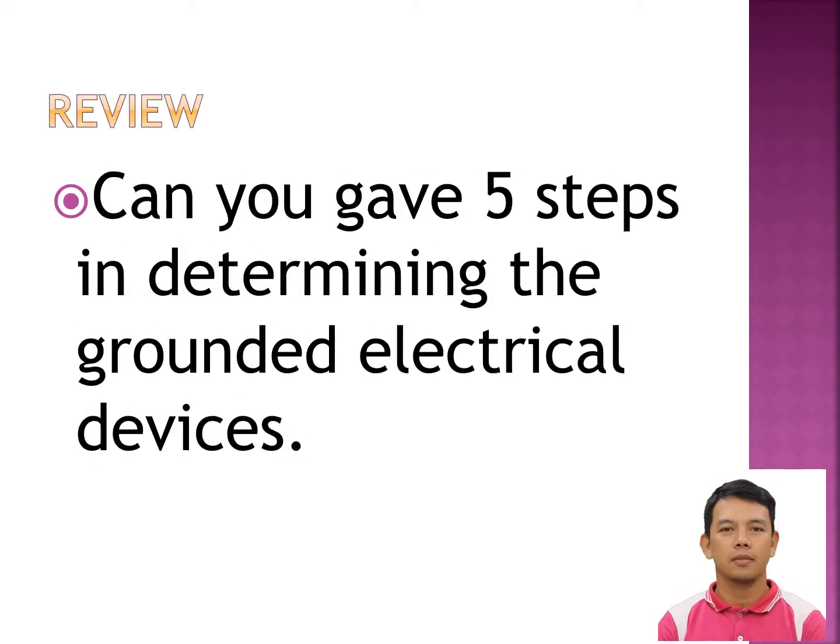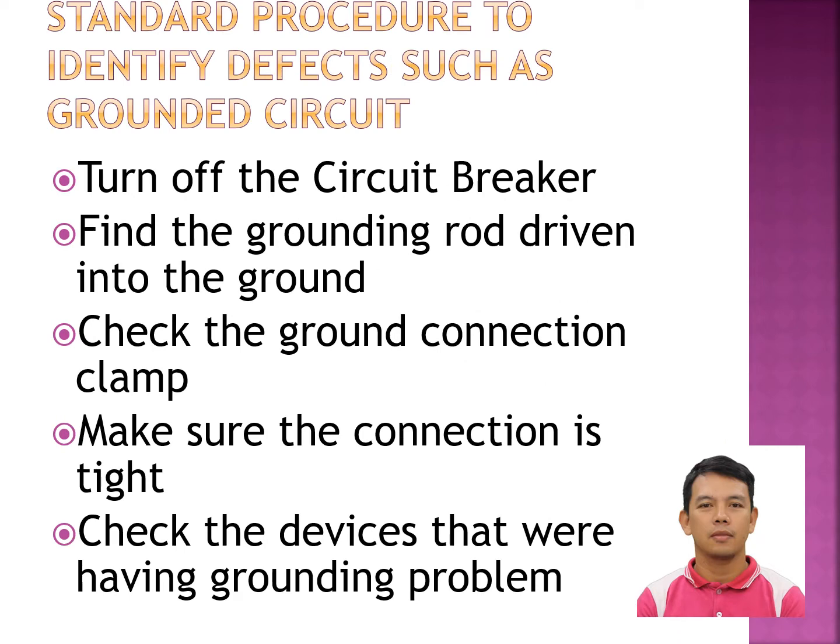Before we start with our discussion for this morning, can you give 5 steps in determining the grounded electrical devices at your home or in your workplace or working area? Okay, very good. First, you have to determine where is the short circuit or the grounded by safety precaution.